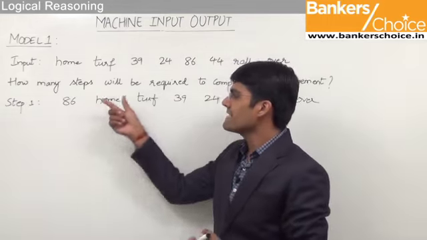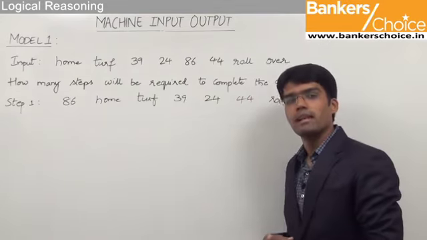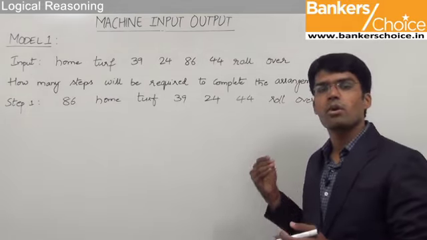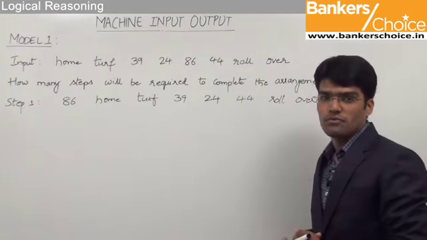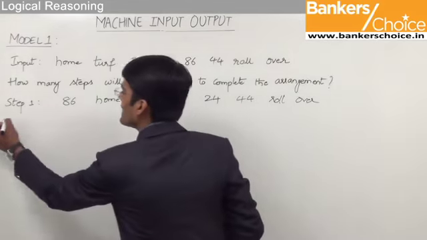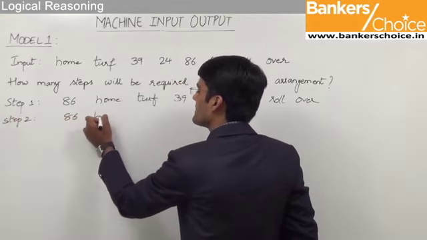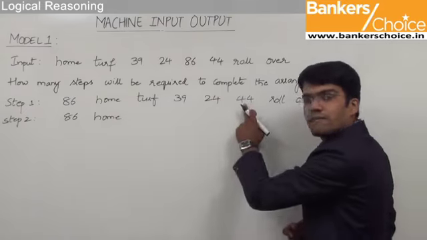So after 86 and home have taken the correct places, the third position should be a number among 39, 24 and 44. And as we are following the descending order, the third position should be taken by the number 44. So we can say that in step 2, as the first two are already fixed, that is 86 and home, in the third position we need to have 44.